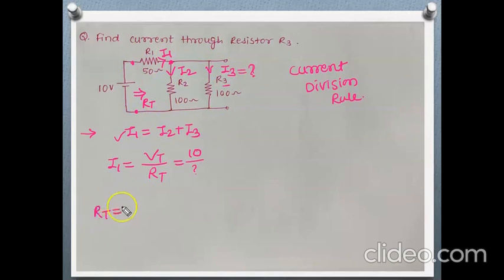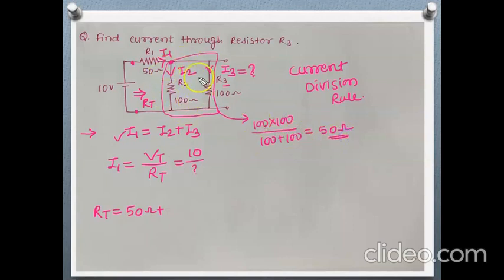RT is nothing but this 50 ohm, which is connected in series with this parallel combination of 100 and 100. Okay, we know when 100 and 100 are connected in parallel, what will be its equivalent? 100 into 100 divided by 100 plus 100, which is nothing but 50 ohm.